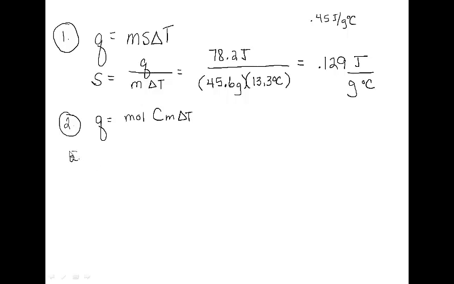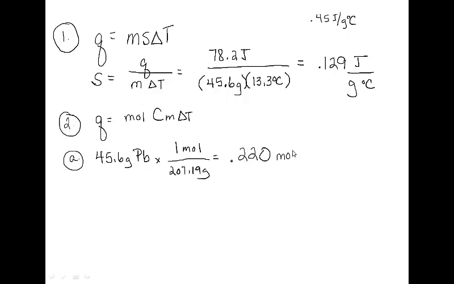First thing we have to do is convert 45.6 grams of lead to moles of lead, and lead is 207.19. So the moles of lead is 0.220 moles of lead.